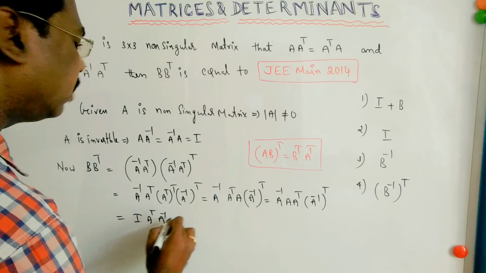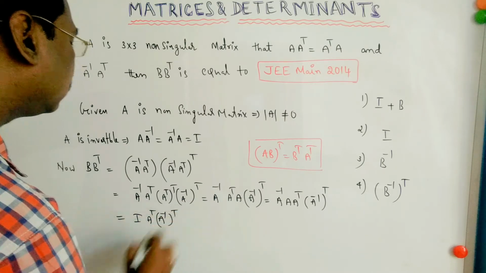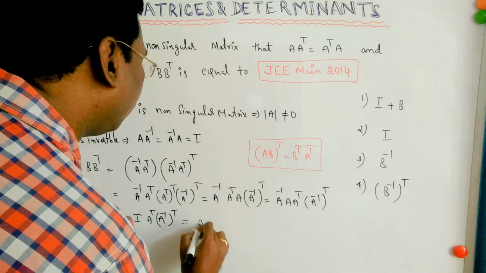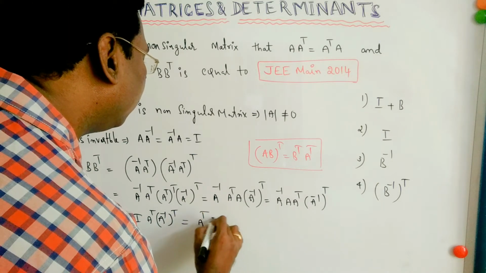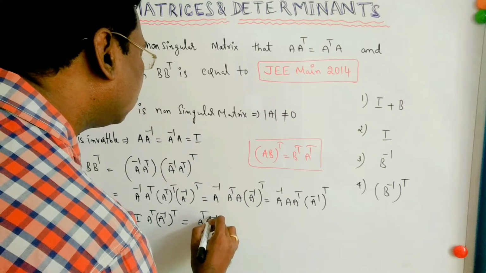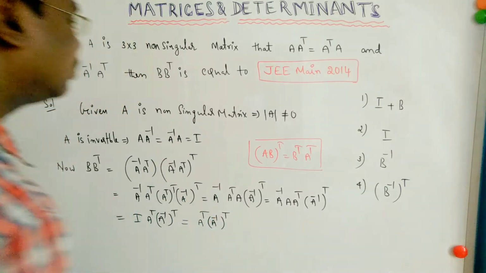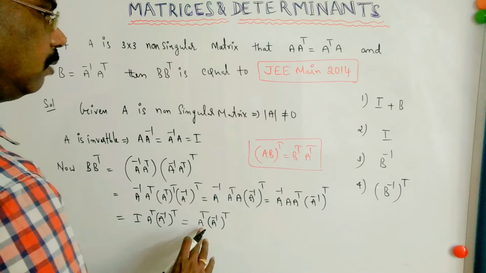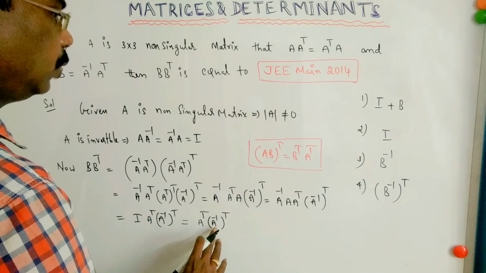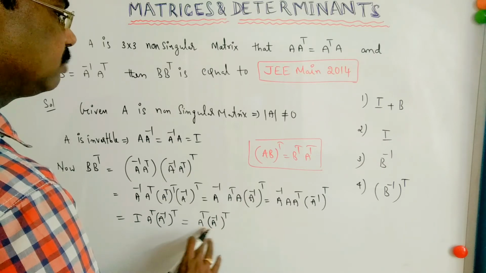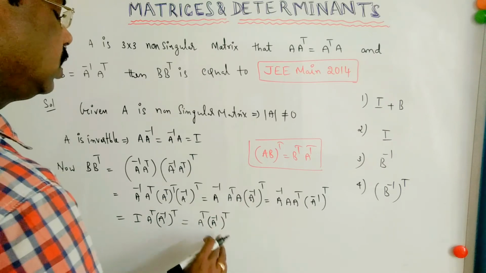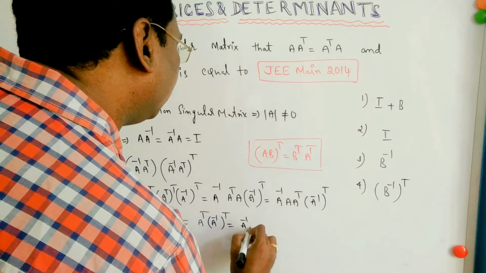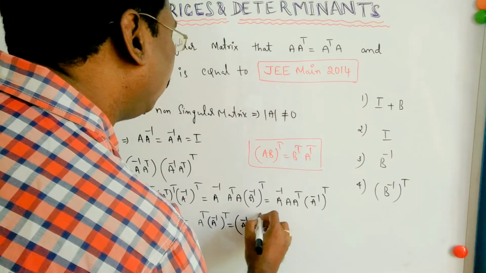Now A inverse whole transpose, I into A transpose into A inverse whole transpose.